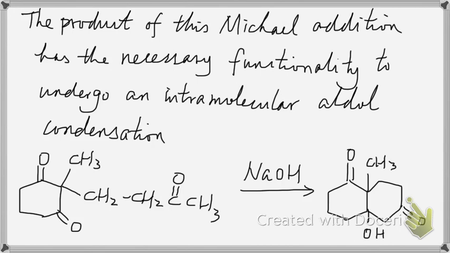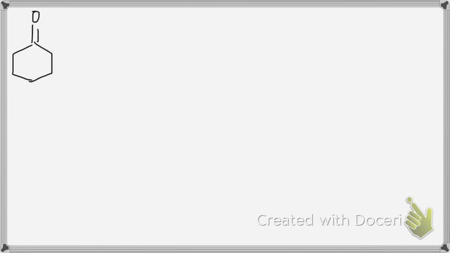How does this happen? The enolate is formed from the terminal methyl group. The proton on that carbon will be removed to give the negative charge. Then the negative charge will attack the carbonyl carbon in the ring. This is how you build up a 6-membered ring. All right.